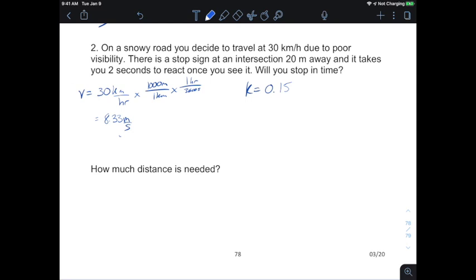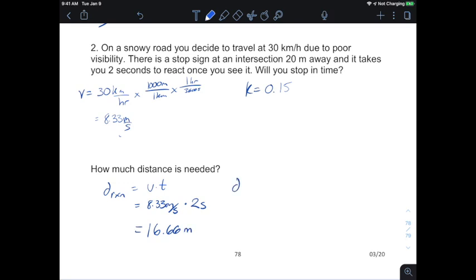So how much distance is needed? We need to do the distance of the reaction, which is V times T. It says it took us 2 seconds, and we are traveling at 8.33 meters per second times the 2 seconds. And so that gives us 16.66 meters.